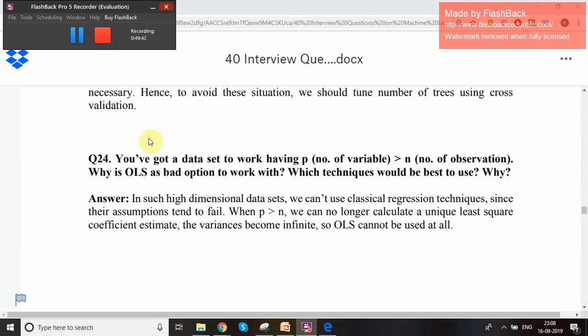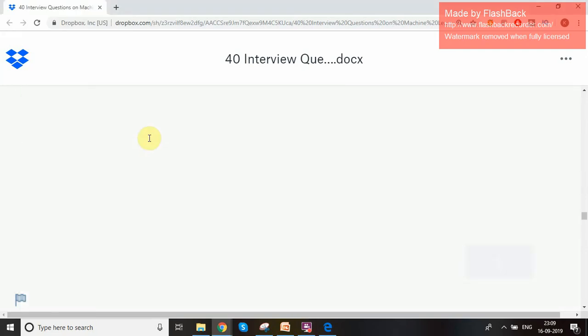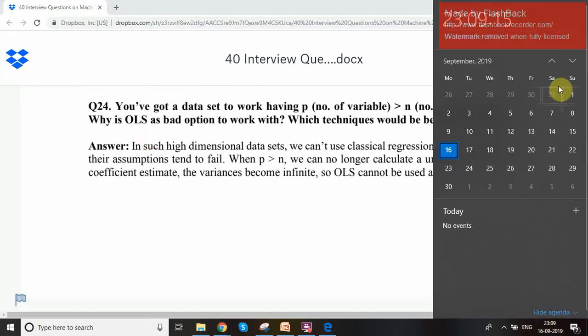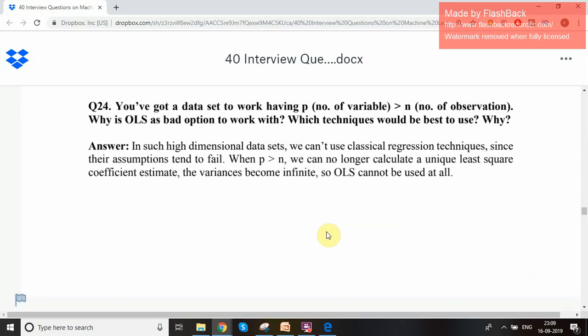So OLS cannot be used at all. You have got data to work on having a number of variables and a number of observations.